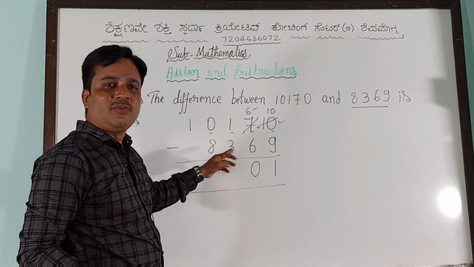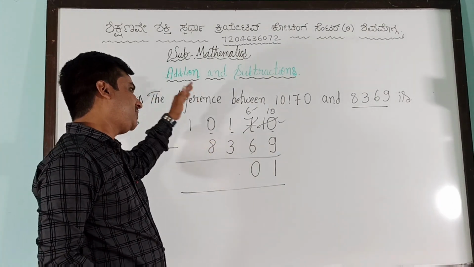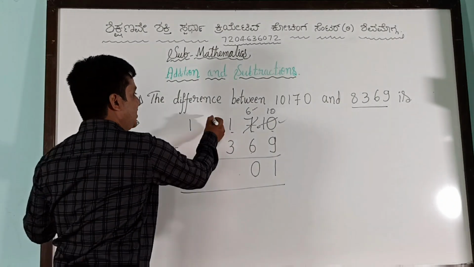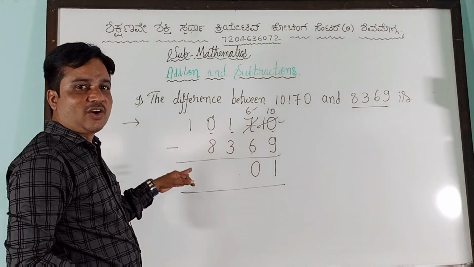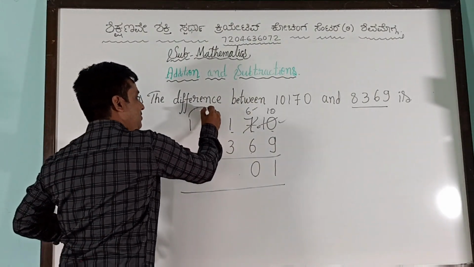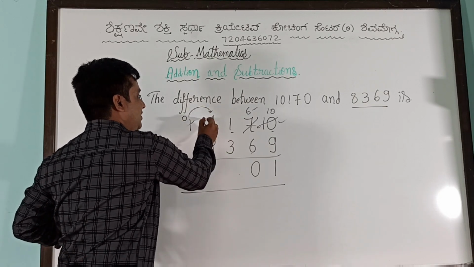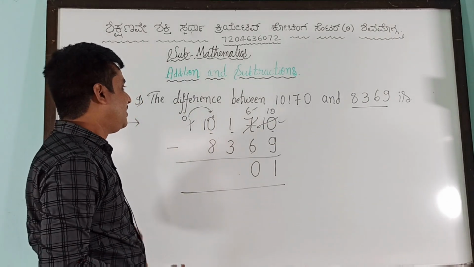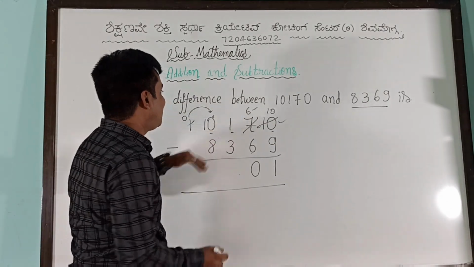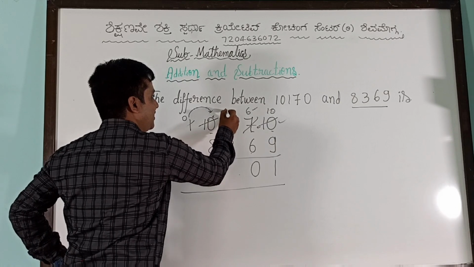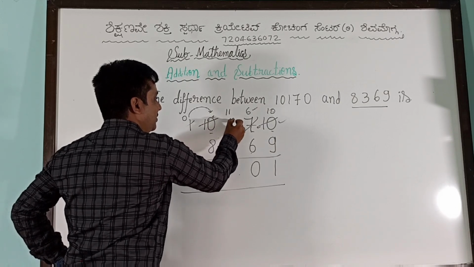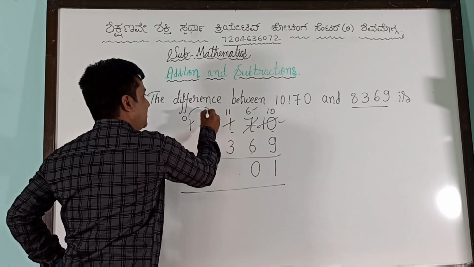1 minus 3. We can't subtract. Again we have to take one borrow from the beside number. Here also 0 is there. So we can't take from here to here. We have to take one borrow. Here left how much? 0 left. Here it becomes 10. Okay, again from this number to this number we have to take a borrow. Here to here we have taken one borrow. It becomes 11. Here it left 9.